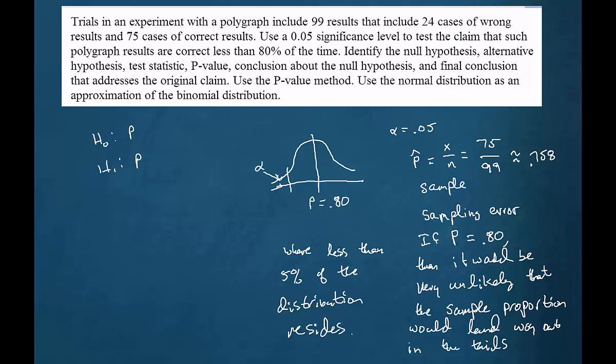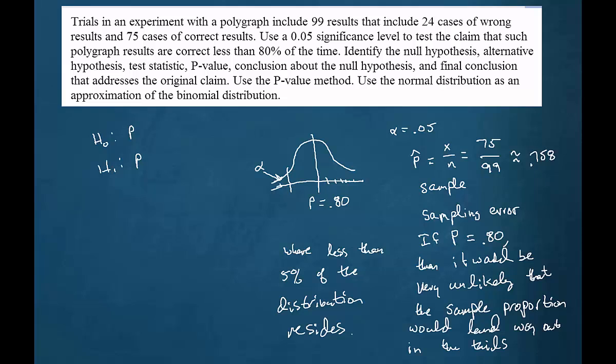So that would be alpha, 5%. Now I've chosen the left-hand side because if our sample proportion landed us up here somewhere, greater than 0.8, then we certainly would not conclude that the population proportion is less than 0.8 as stated in this problem here. So really all we're concerned with is this left tail.